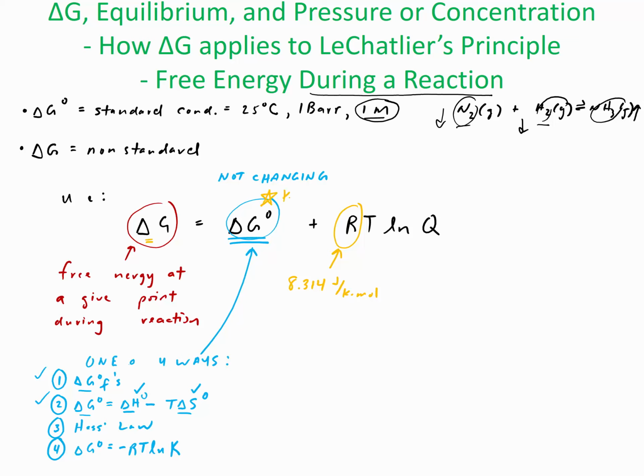Delta G standard is typically given in kilojoules per mole, because the common way to get it is from values that are usually in kilojoules per mole. So when I perform calculations using this equation, I usually just change this to kilojoules, and call it 8.314 times 10 to the negative third kilojoules per Kelvin times mole.